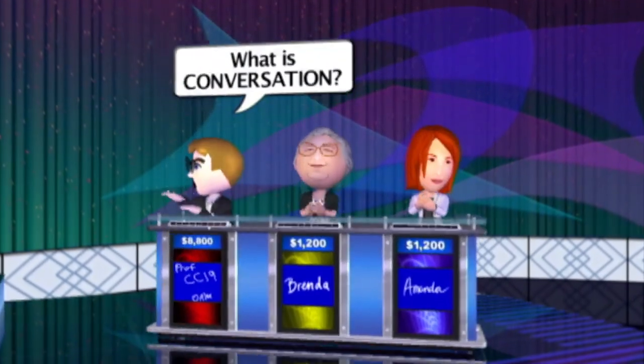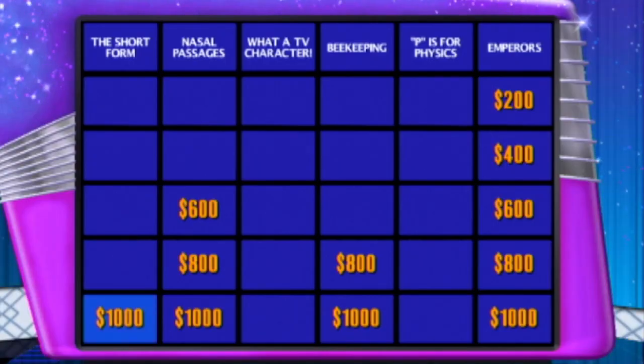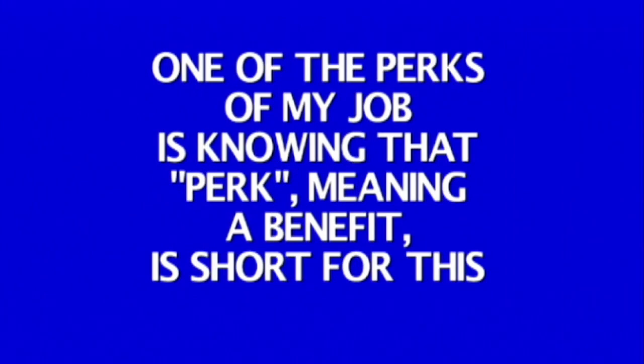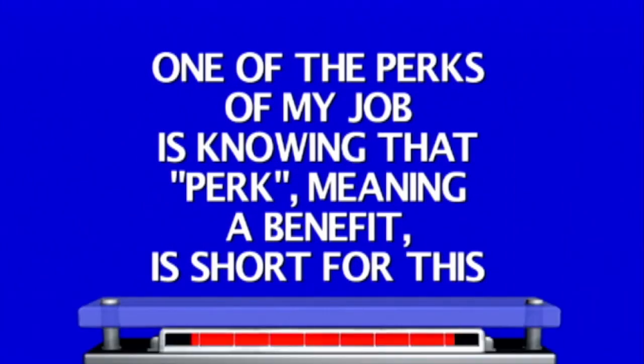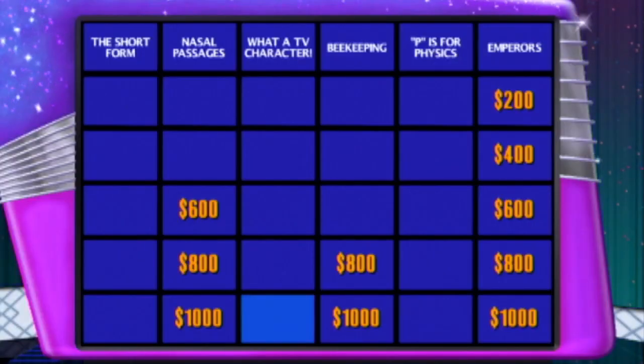Good. Player 1, you pick again, please. One of the perks of my job is knowing that perk, meaning a benefit, is short for this. Here's what we wanted. Perquisite. We return to you, Player 1.